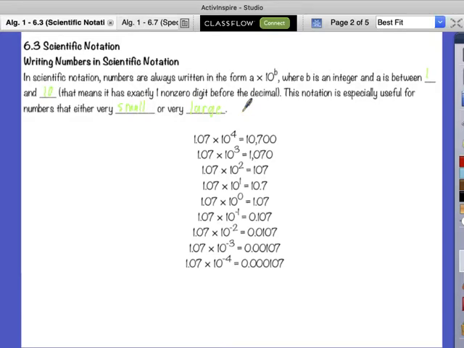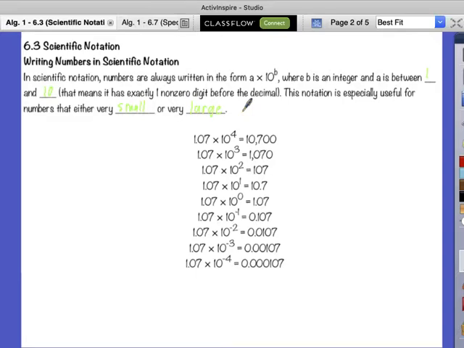Now notation. What word do you think of when you hear that first part of notation? Note. What are notes? Things that you take and you write.